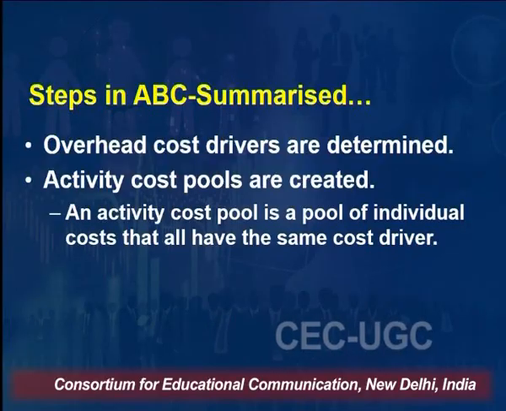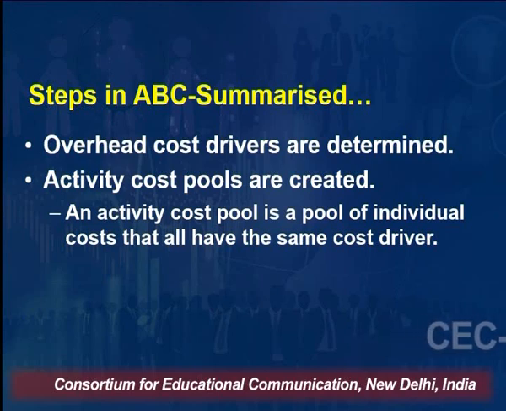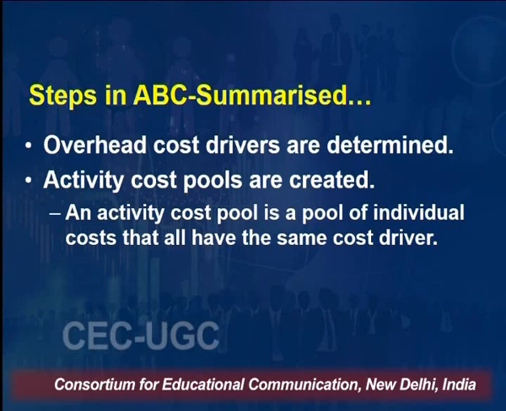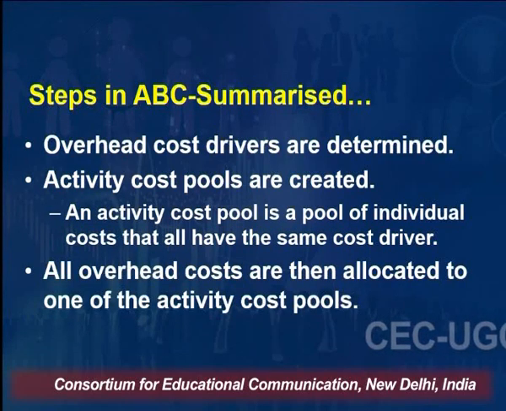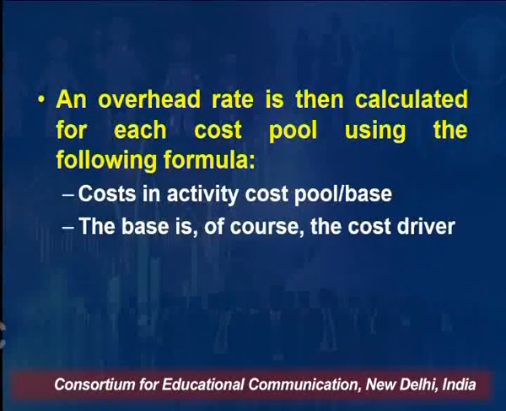Now, if I have to summarize this entire process in ABC, I would say first of all we determine the cost drivers, then we create activity pools, and after that all overhead costs are allocated to one of the activity cost pools, and eventually we identify an overhead rate.